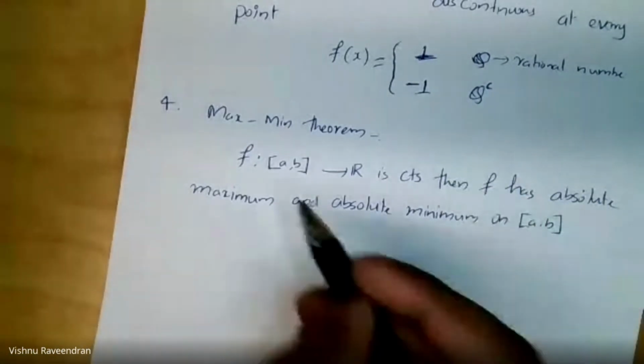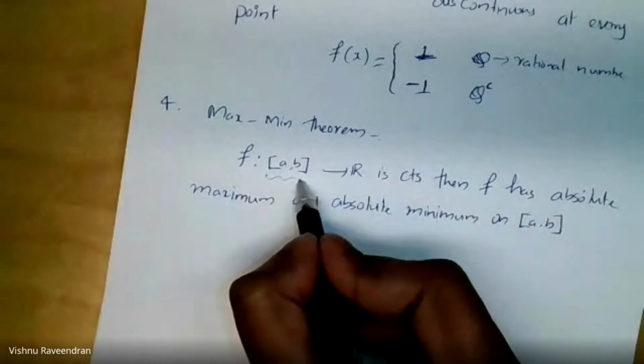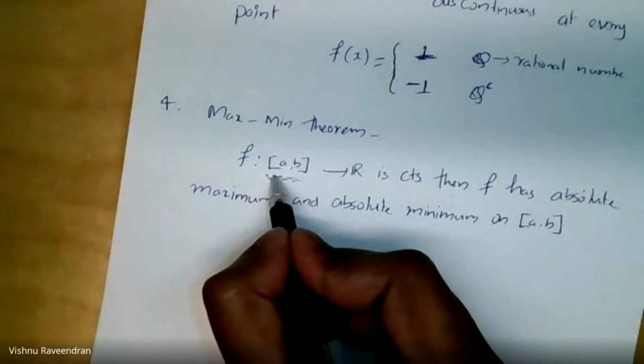So it's always important to remember that to satisfy the maximum minimum theorem, we need a compact set. I mean, we need a closed and bounded set.